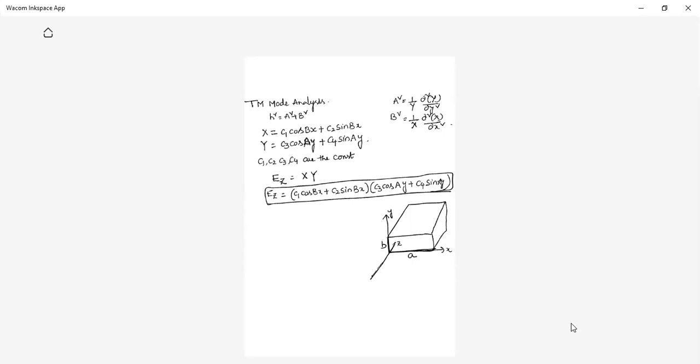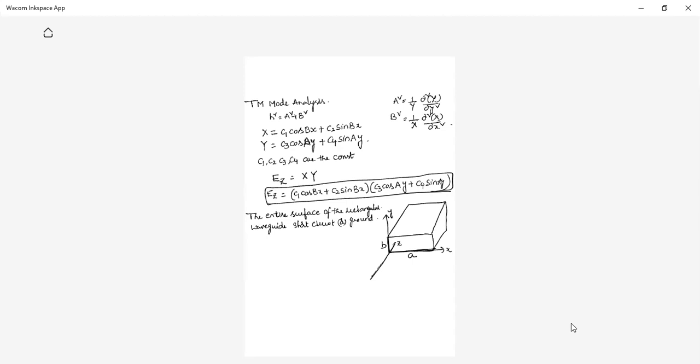Conductor. So here I'll write one very, very important point: the entire surface of the rectangular waveguide acts as short circuit or ground. So you have to remember this point.